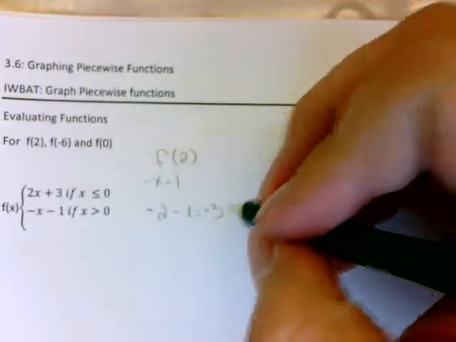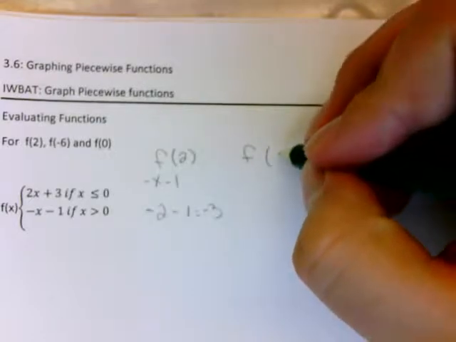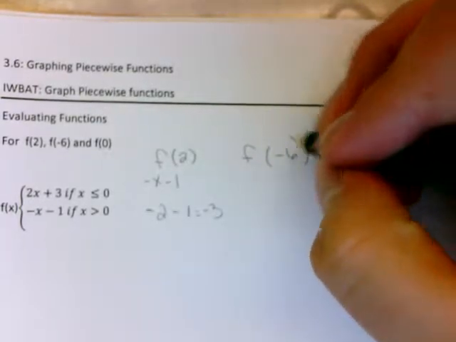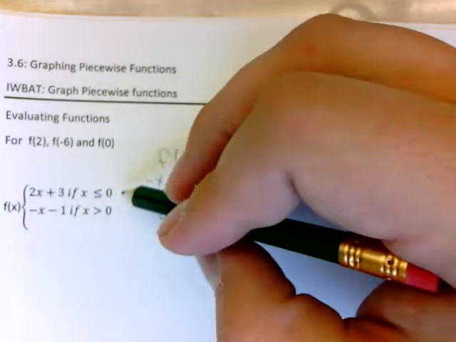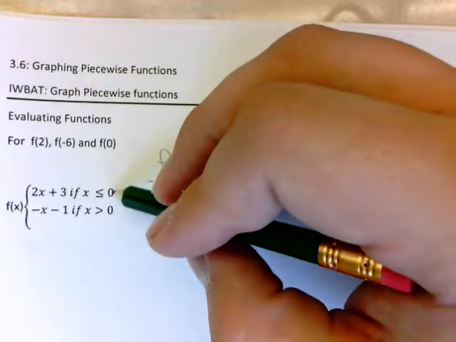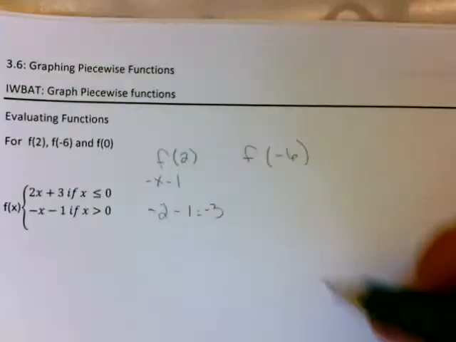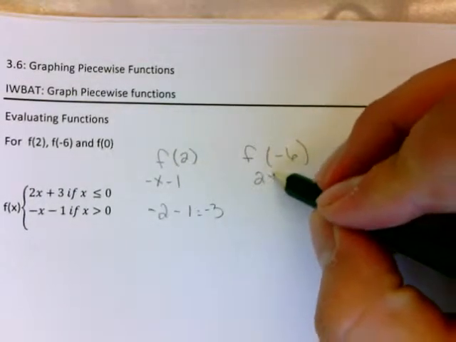Now f of negative 6. Is it less than or equal to 0, or greater than 0? Well, we know it's less than or equal to 0, so for f of negative 6 we're going to be using 2x plus 3.